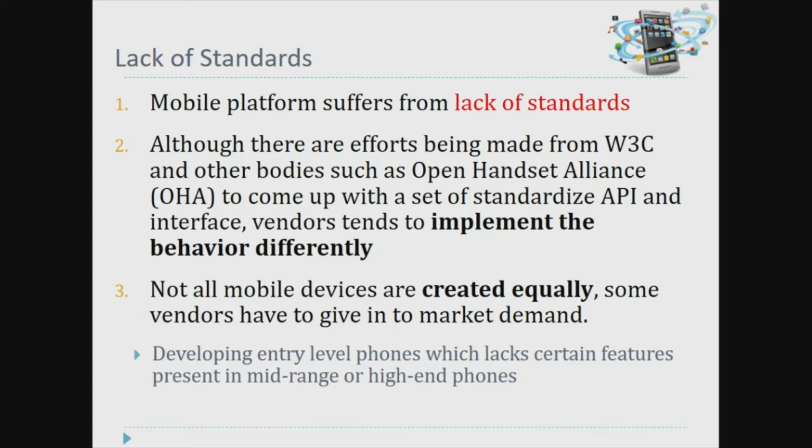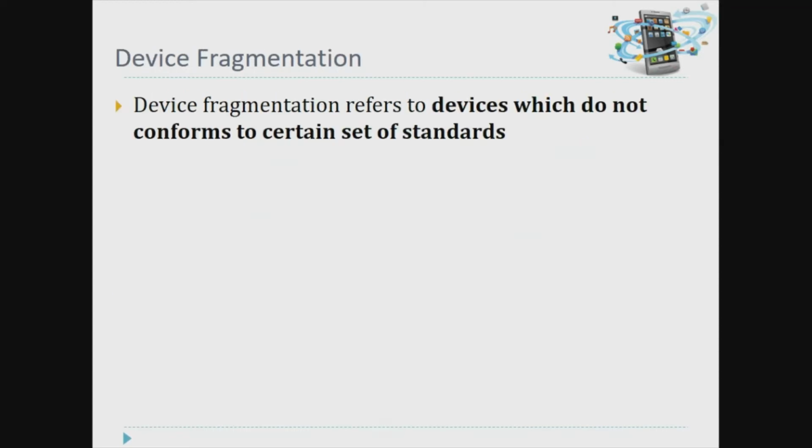Okay, next we go for the second issue in mobile computing, which is device fragmentation. This term refers to devices which do not conform to a certain standard. So it's related to the first issue, which is lack of standard.